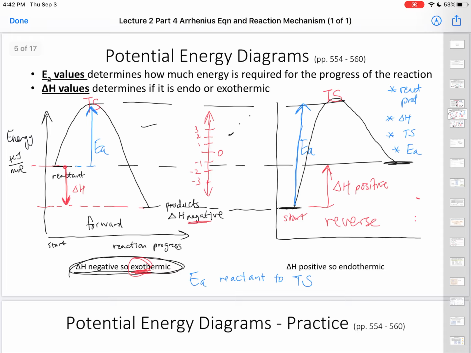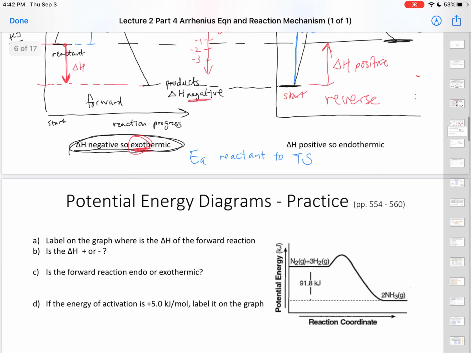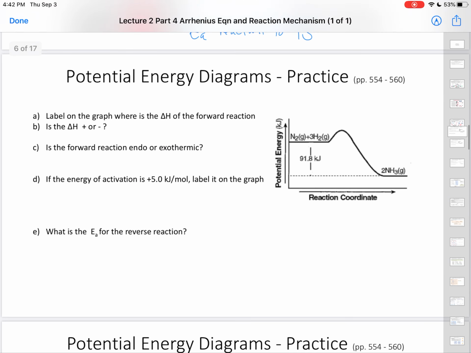Let's do some practice problems so we have a good feel for what's going on here. It says label on the graph where delta H of the forward reaction is. Again, I'm going to remind you delta H is always from the reactant to the product. Always just draw a line. This is the reactant, this is the product.